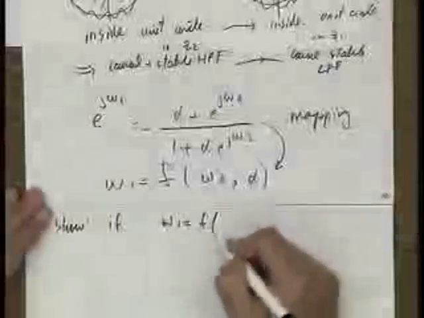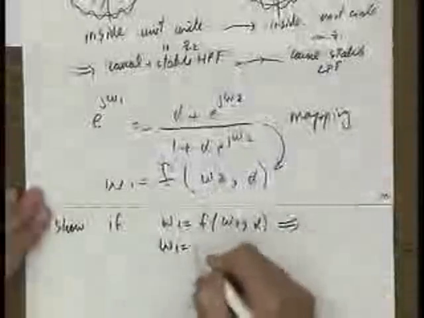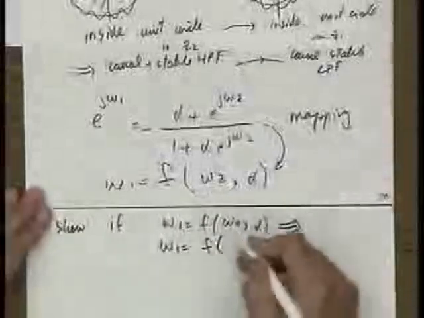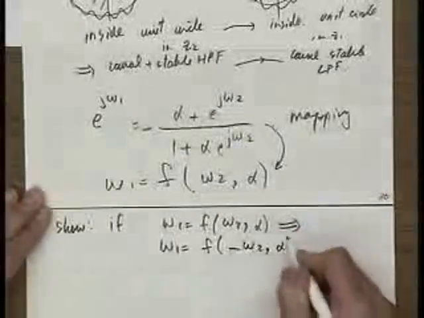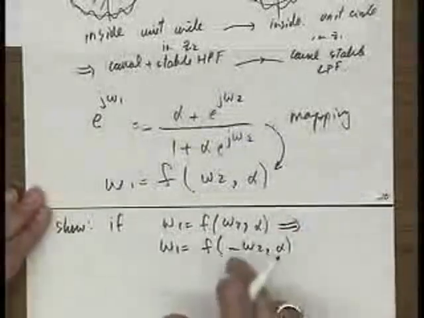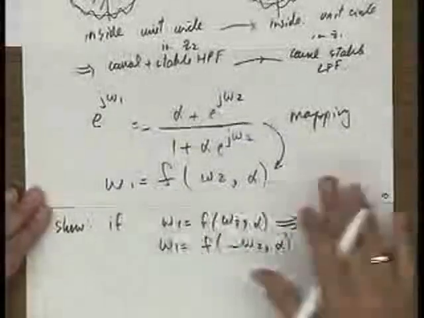I want to show that if omega 1 is equal to f of omega 2 comma alpha, then omega 1 is also the same function of minus omega 2 comma alpha. And I'll show you why I'm insisting on showing that. It becomes clear in a minute.